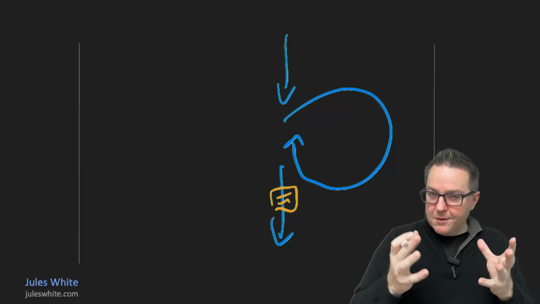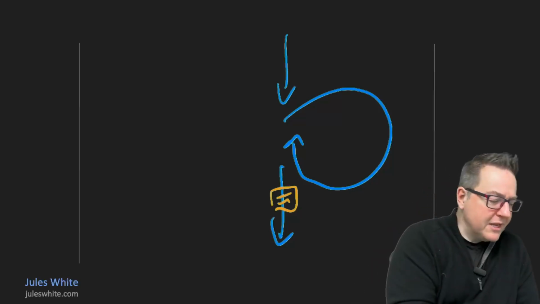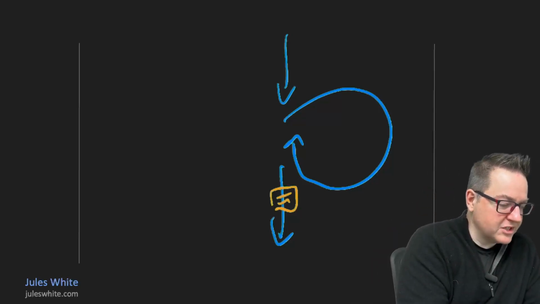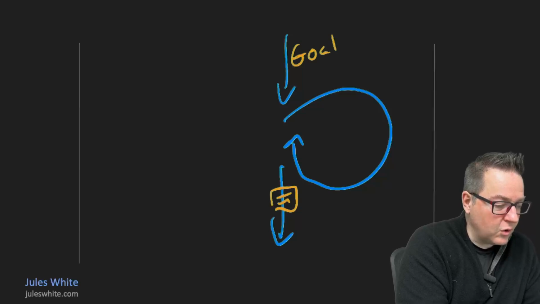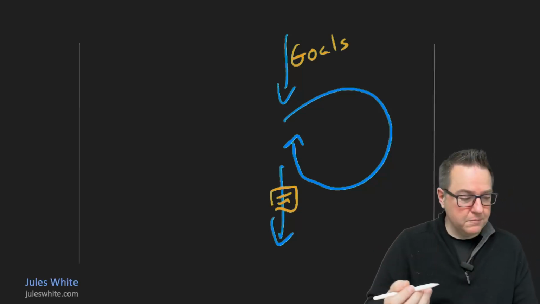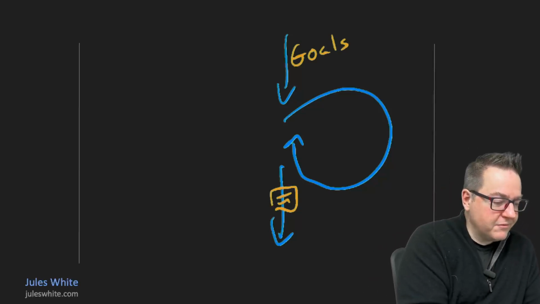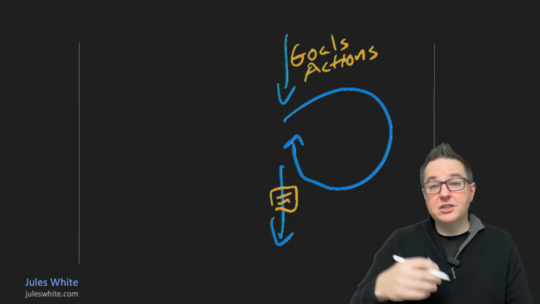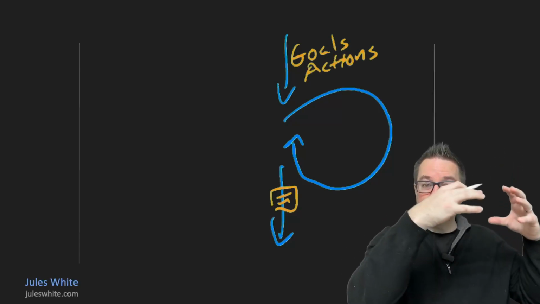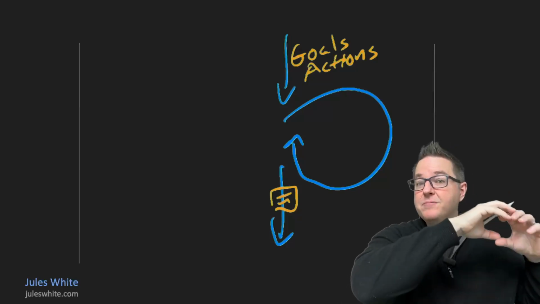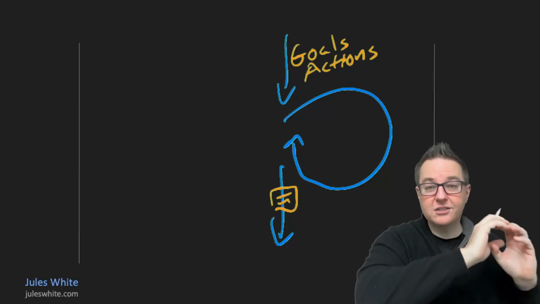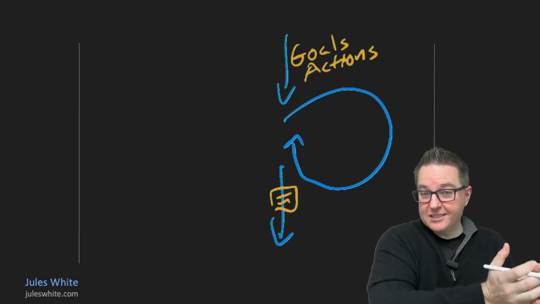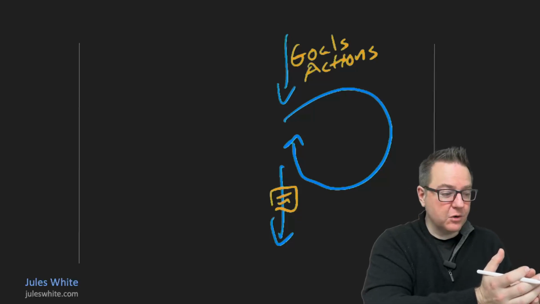So if we start thinking about what we're talking about, we can begin building a framework. When we build an agent, we're going to have a set of goals or instructions that it's following. We're going to have a set of actions that it can take to achieve those goals. So in general, we're going to configure an agent by giving it a set of goals or instructions. We're going to give it a set of actions that it can take in order to try to achieve those goals.